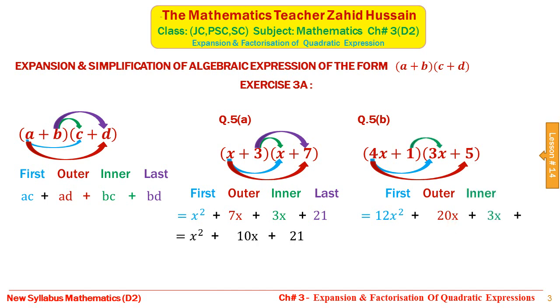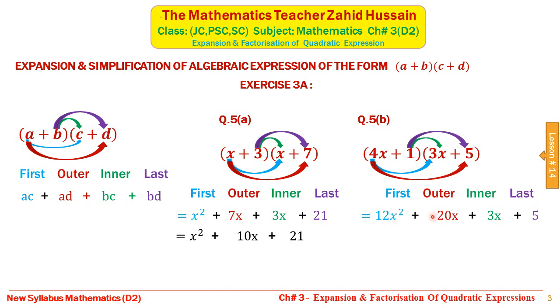Then we will take the second term of the first bracket and we will multiply this with first term of the second bracket, that is inner with inner, and we get 3x. Then we will multiply second term of the first bracket with the second term of the second bracket, that is last with the last, and this is equal to 5.